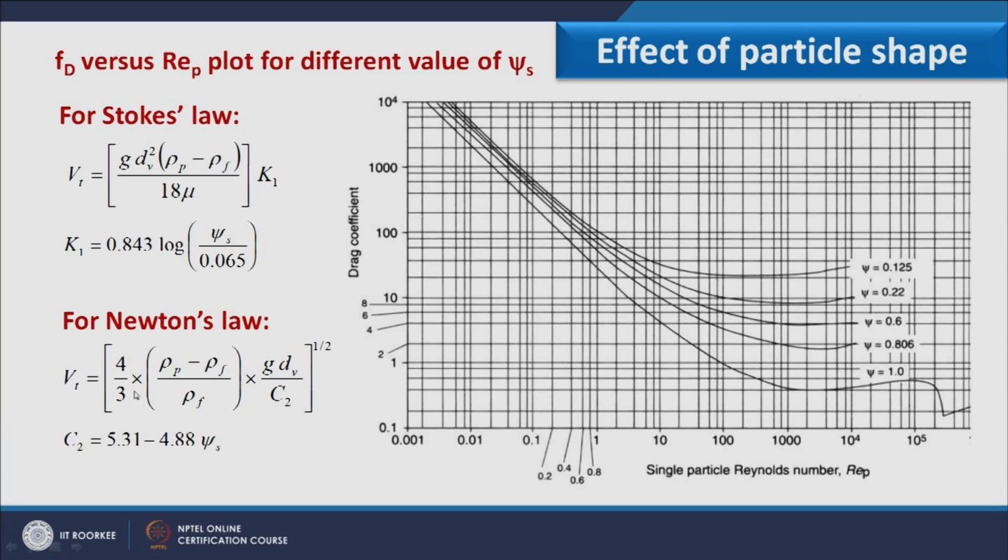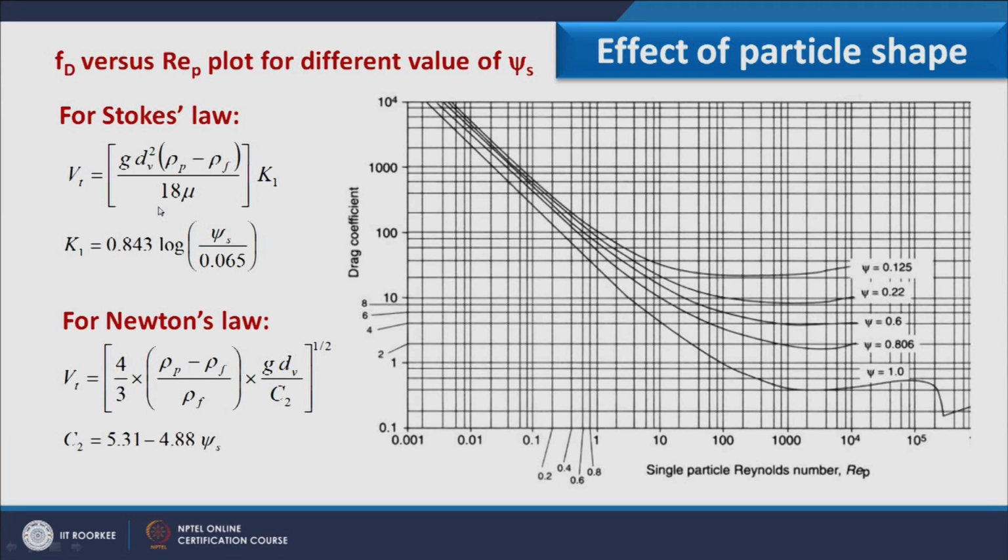Here you see this is the square root of 4 by 3 into rho p minus rho f by rho f into g dV divided by C2, to the power 1 by 2. So, this C2 is basically the correction factor when we are studying the effect of shape on terminal settling velocity. This C2 is defined as 5.31 minus 4.88 psi s.